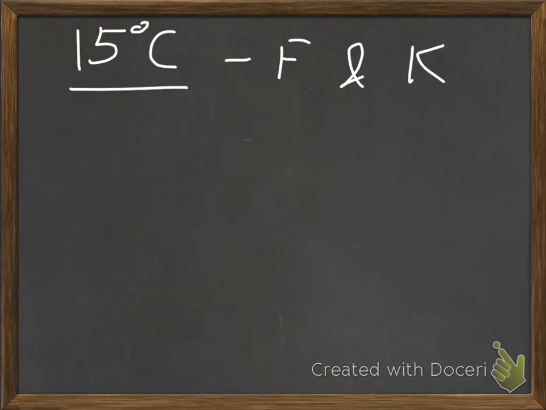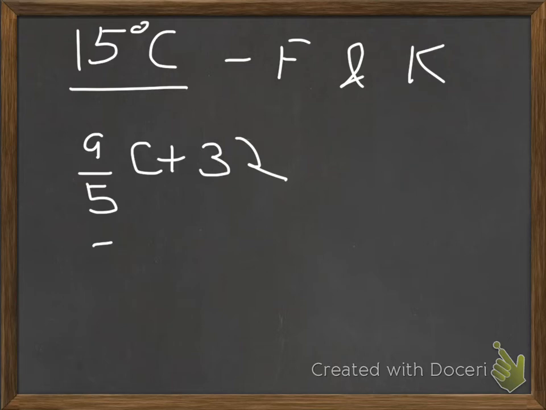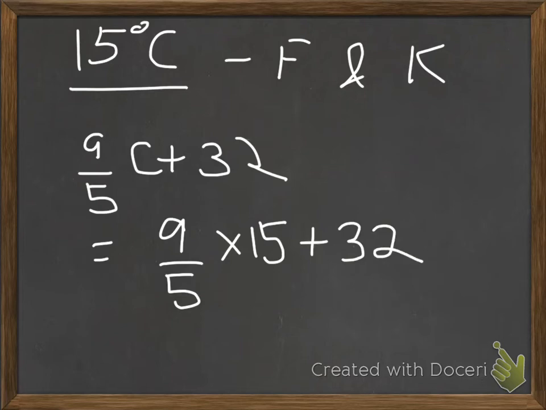The answer for this question is very easy. As I said, what is the formula for converting into Fahrenheit? 9 by 5 into C plus 32. That equals 9 by 5 into 15 plus 32.